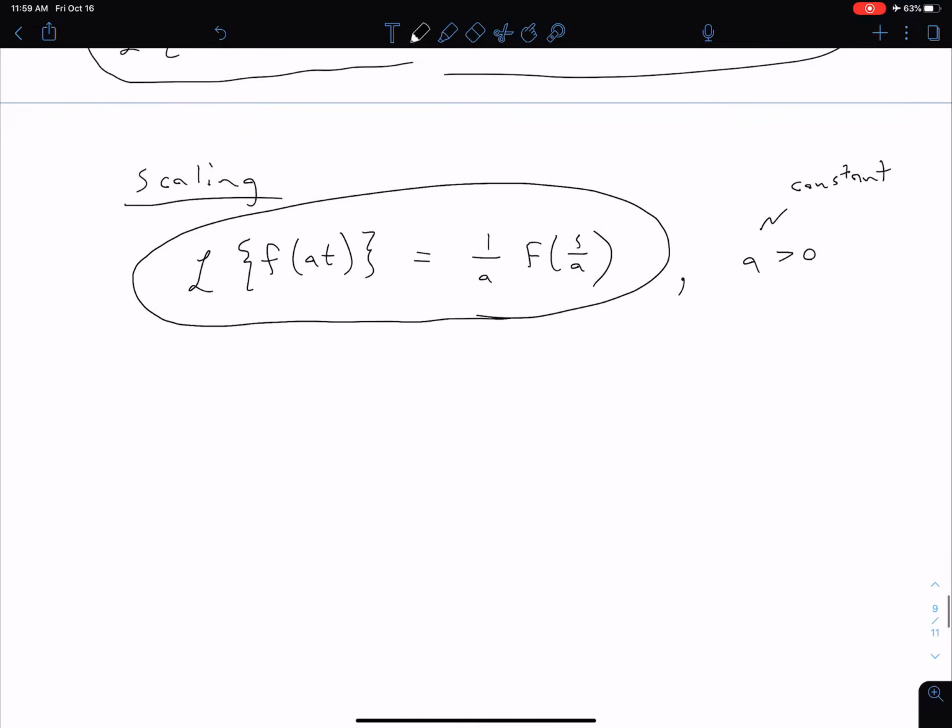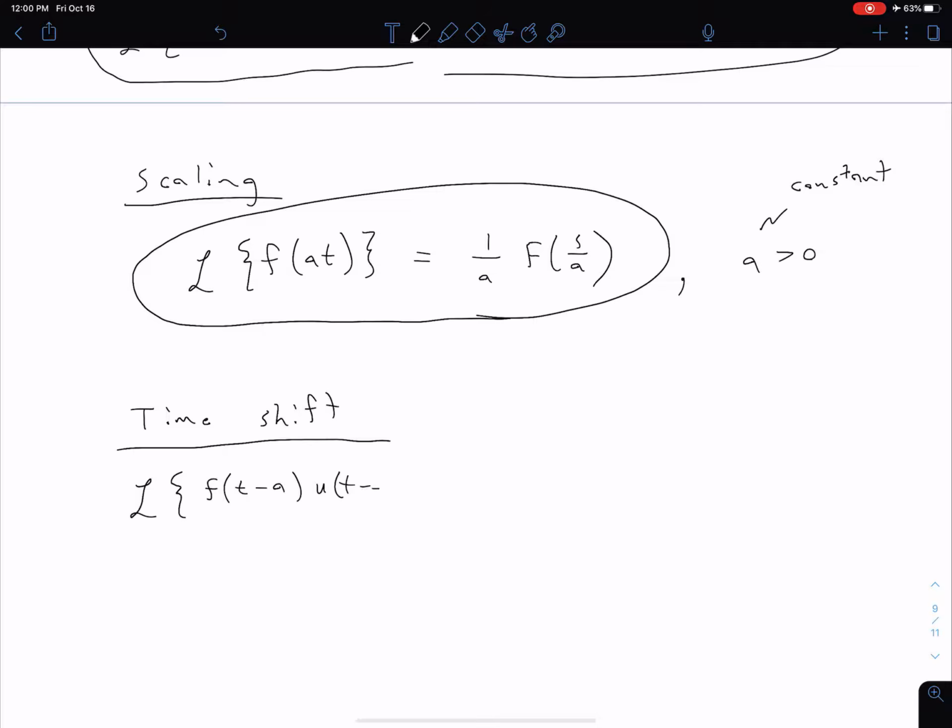What about another common thing, which we saw in the example I wrote at the start, a time shift. I talked about shifting that step function by 5. So let's say we want to know the Laplace transform of f of t minus a. To be explicit, I'm going to say we have u of t minus a. The u of t minus a is just saying that it's still defined at that same point where it was 0, but now we've moved it to the right.